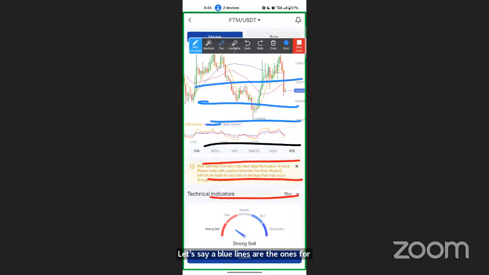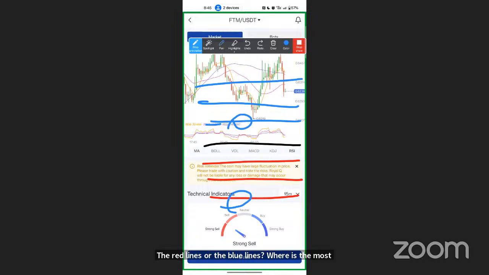The black line is the pivot, and the red lines are for support. If you were trading, would you love to join from the red lines or from the blue lines? Where is the most opportunity?